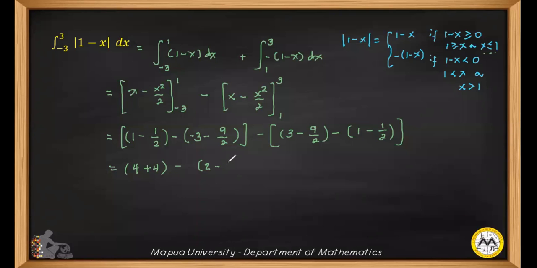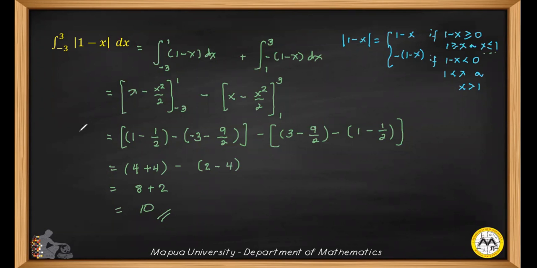So this must be positive 4. Hence, this will give us 8 minus minus 2 will give us 10. So 8 plus 2 is equal to 10. So the integral of the absolute value of 1 minus x dx from -3 to 3 is positive 10.